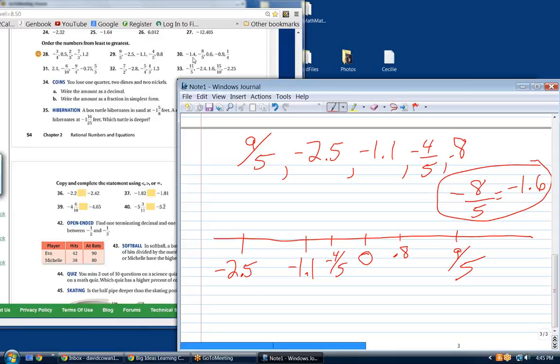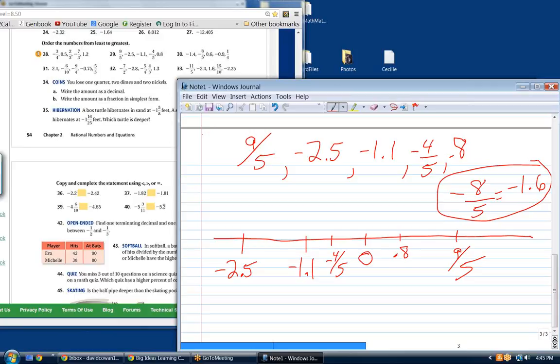And then afterwards, what comes next? So negative 8/5, negative 1.4. Okay. And then what? Then negative 0.9. Okay. That's all the negative numbers.